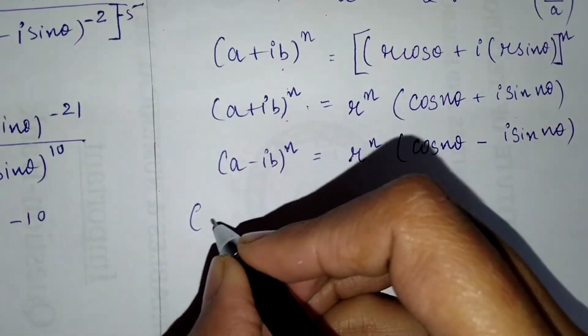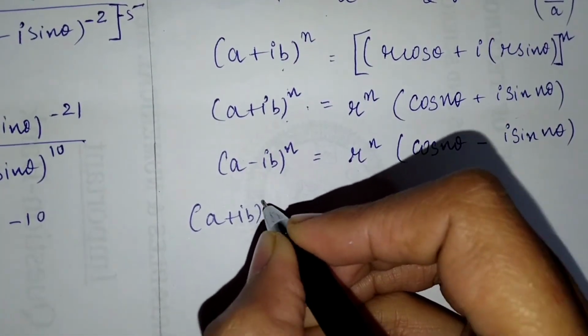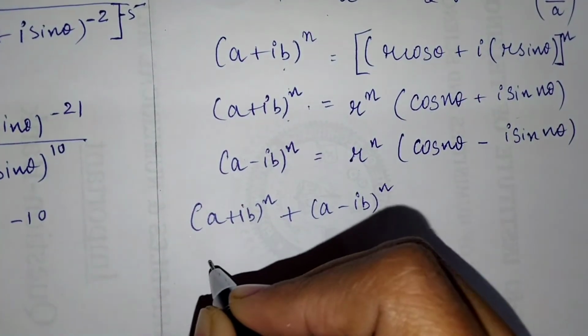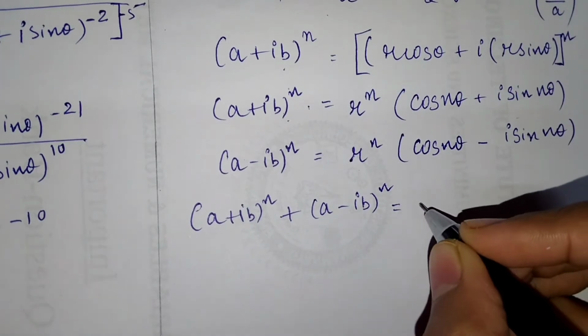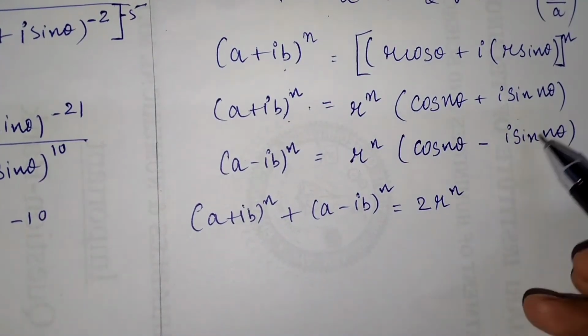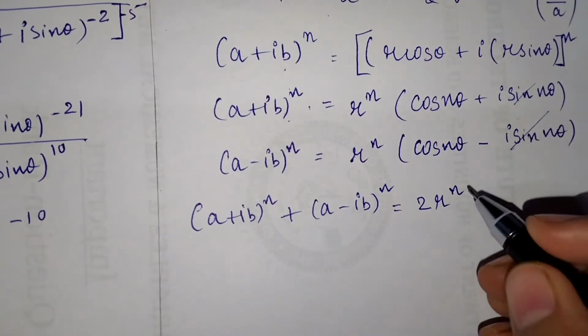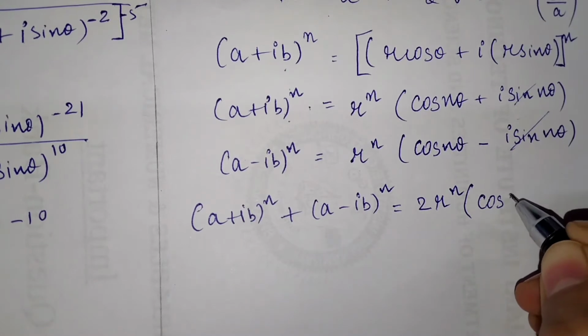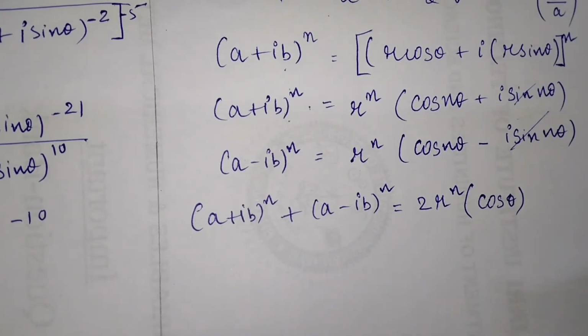If we add them, (a plus ib) raised to n plus (a minus ib) raised to n is equivalent to 2r raised to n. And if you add both terms, then the sine terms will get cancelled, and so you will get cos theta. Okay?